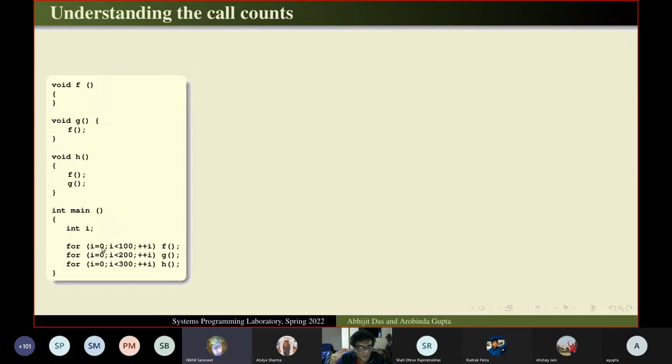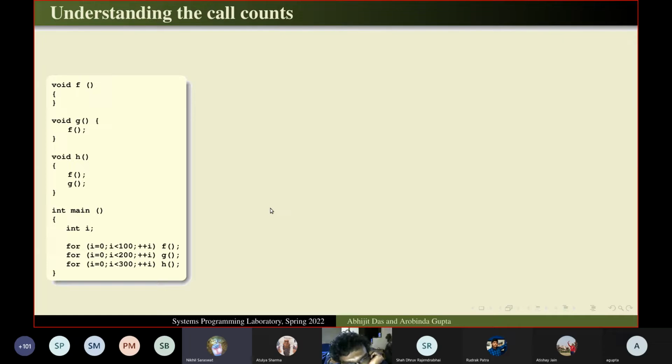Main calls f for i equal to 0 to 100, g 0 to 200, h 0 to 300. There is no recursion involved here. H calls f and g calls f, and f calls nobody. Agree?